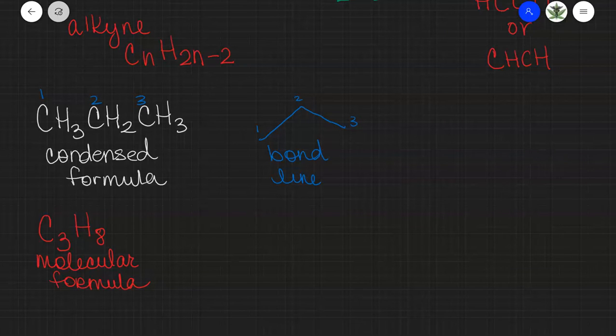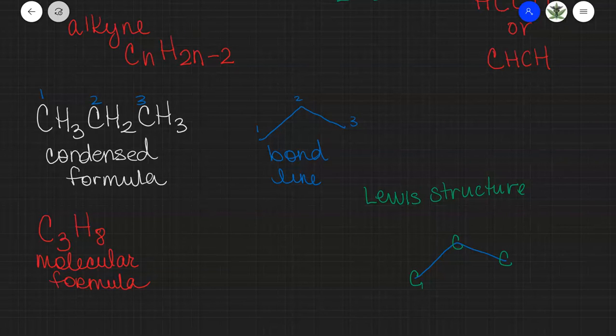If I wanted to write the Lewis structure, I can take my bond line, which was that upside down V. But remember, Lewis structure shows all bonds. So I write my carbons in. Here is a carbon, here is a carbon, here is a carbon.